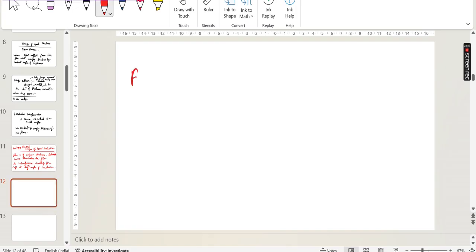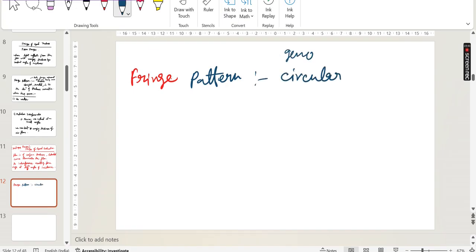So this fringe pattern is generally circular, concentric rings centered on the optical axis.